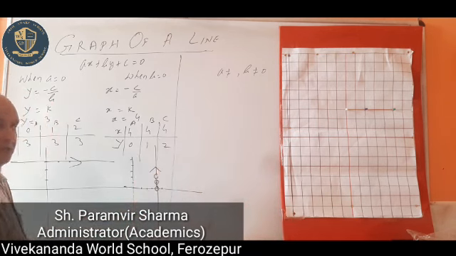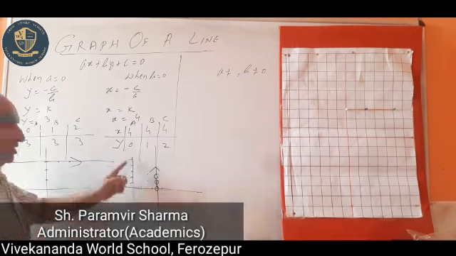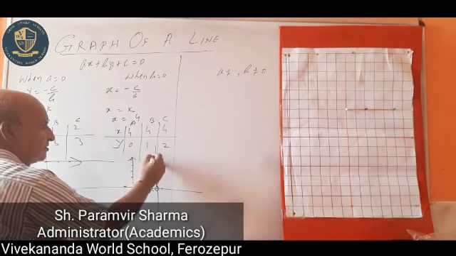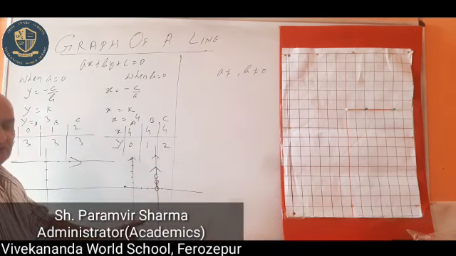This line will be parallel to the y-axis and is known as a vertical line.